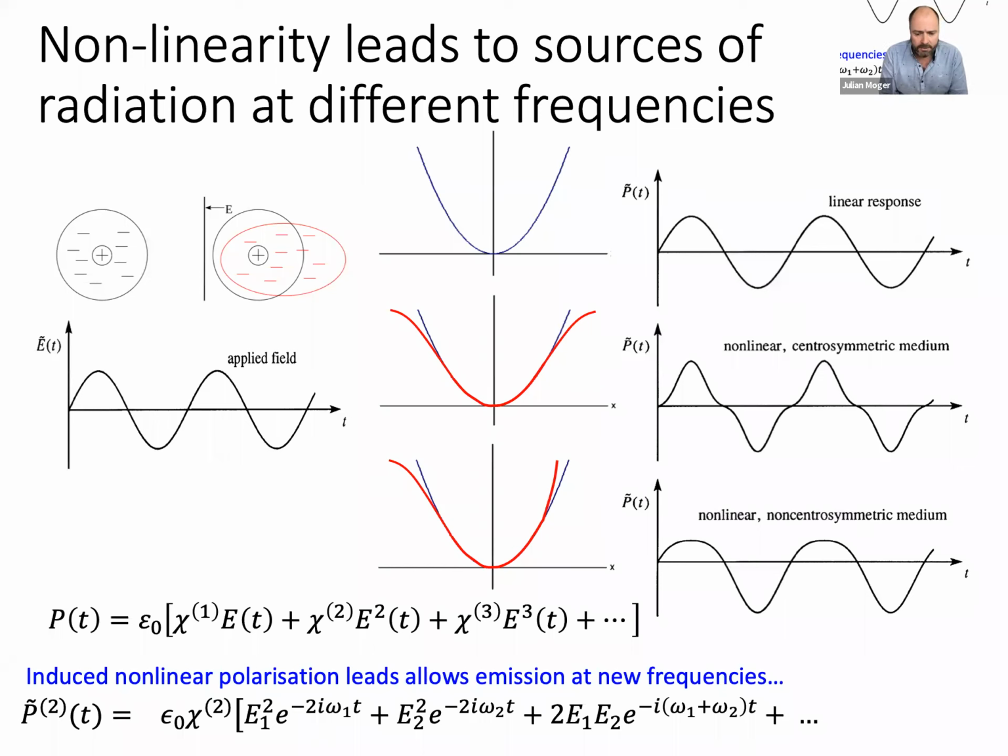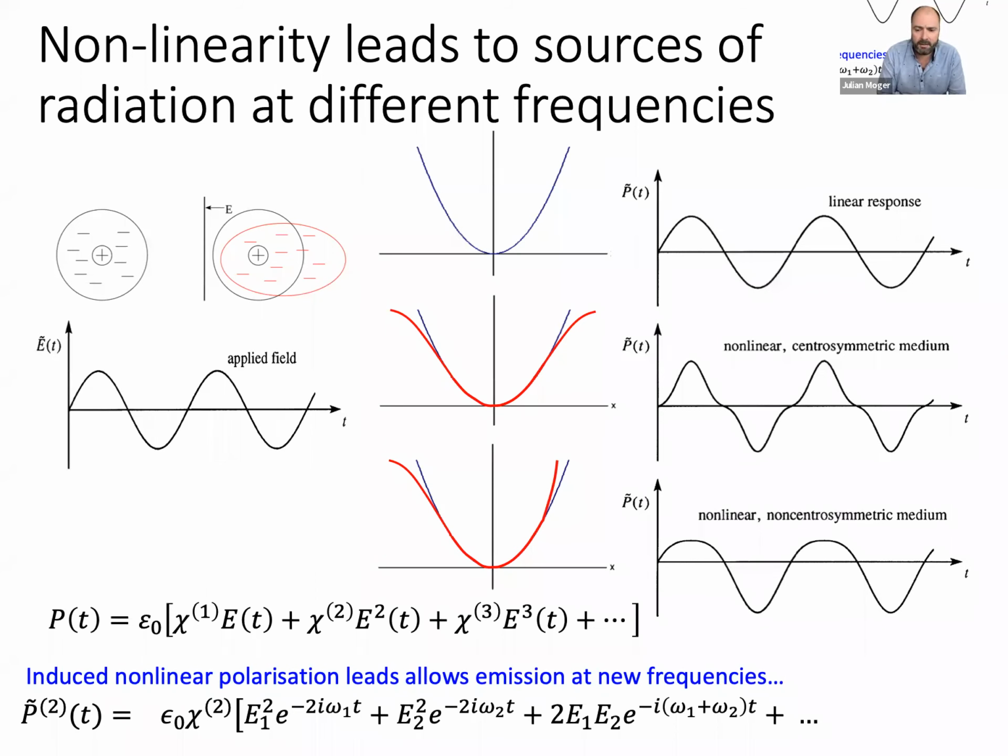But as soon as we start to drag the charges further away from their equilibrium position, this starts to become non-parabolic. So the further we drag them away, or the higher the electric field, the response of the material is no longer linear with displacement. If we take our parabolic potential and we drive the charges with a sinusoidal waveform, what we expect to get out, the polarization that's induced, is going to have a single-frequency sinusoidal response, a linear response of the sample.